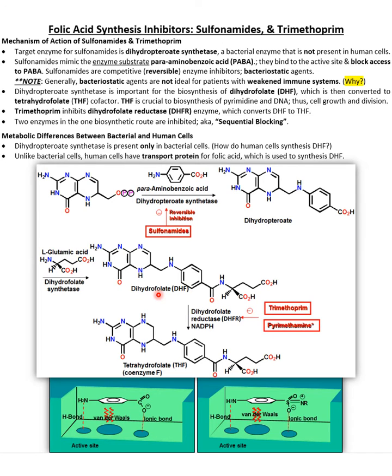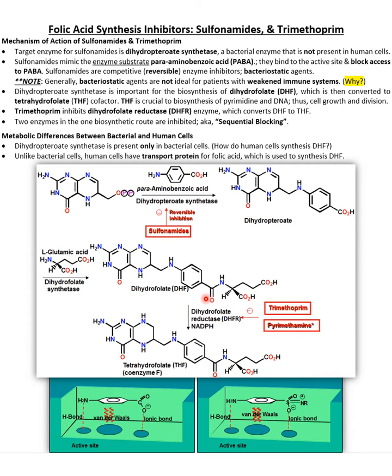Then this molecule is converted into tetrahydrofolate, which is a cofactor, using the enzyme dihydrofolate reductase.